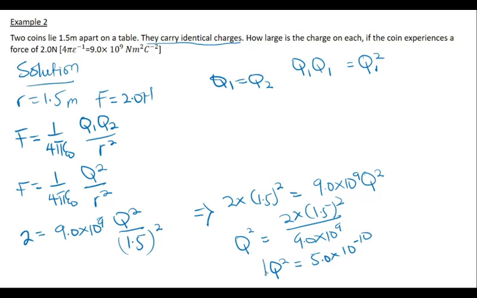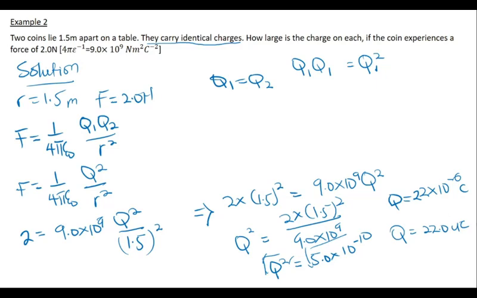So if we find the root of both sides, our charge q, which is on one of the coins or both coins, will be given to us by 22 times 10 raised to the power minus 6 coulomb. So our charge q is now equal to 22.0 microcoulomb. So that is the charge on each of the coins.